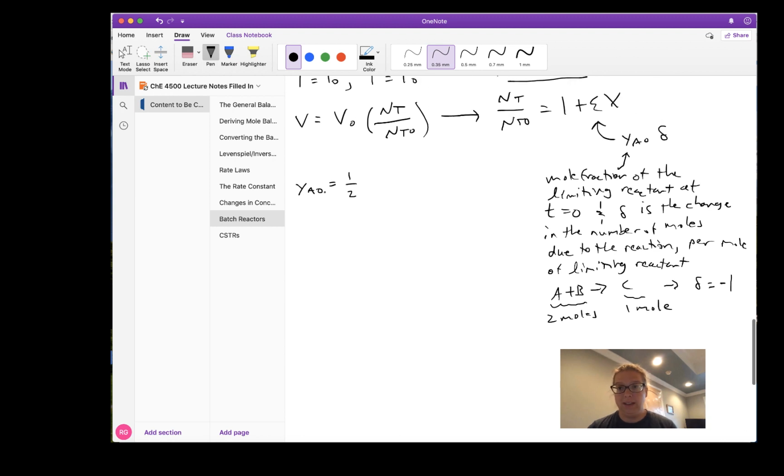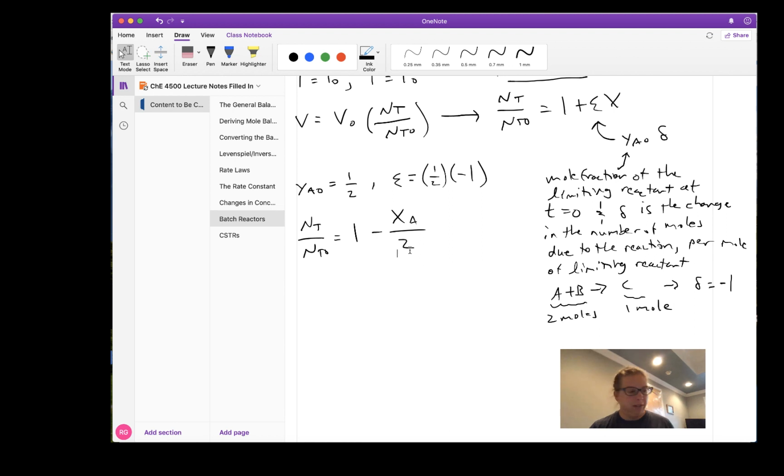So epsilon is equal to 1/2 times -1. And so nt over nt naught is equal to 1 minus x over 2.